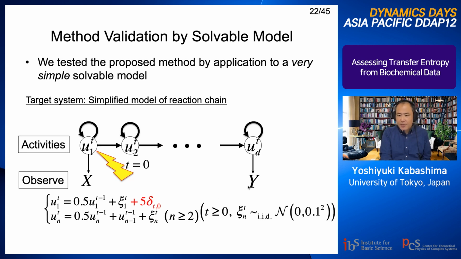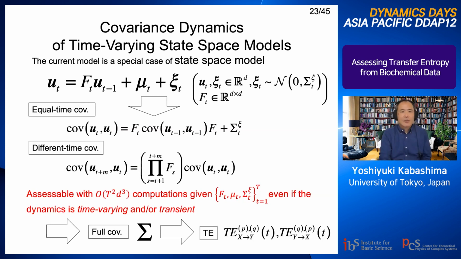So we evaluate how the transfer entropy from X to Y or Y to X is observed. Actually, this process is a special case of a state space model. In general, it is defined by these stochastic difference equations, right?